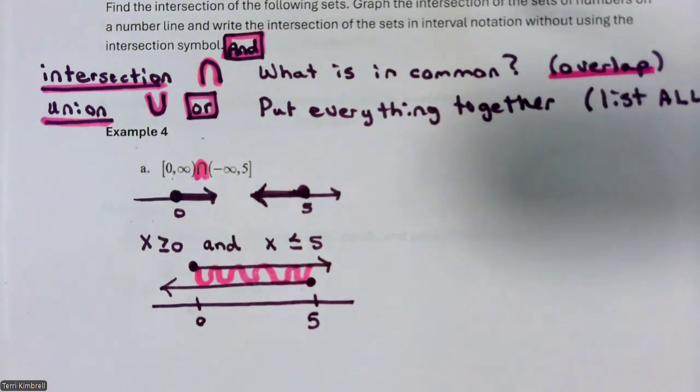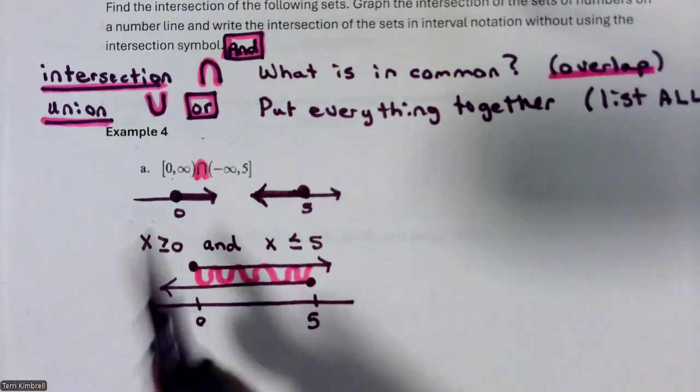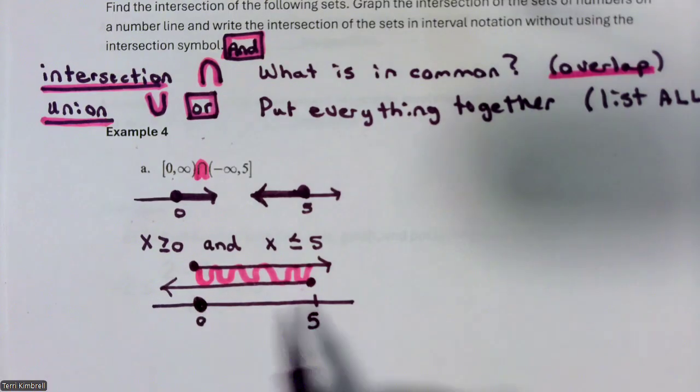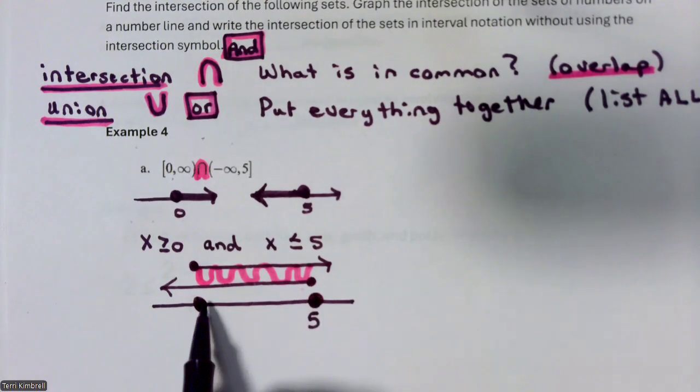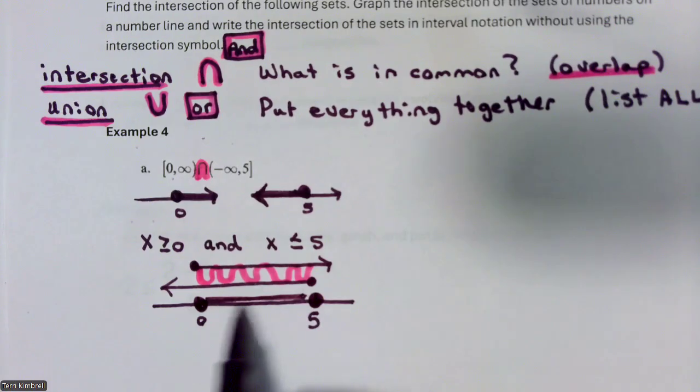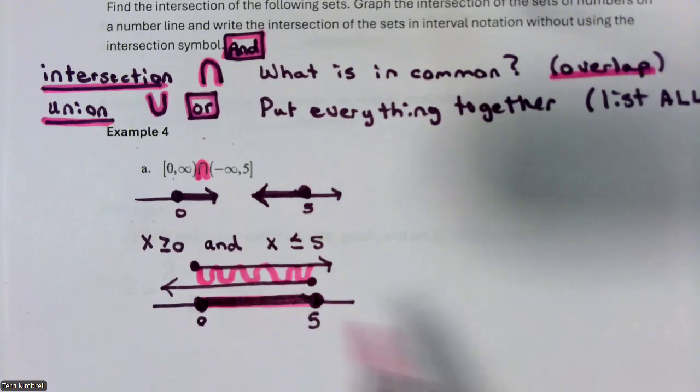That's the part that they're going to share. So the answer would be close 0, close 5, shade in the middle. And then it's going to ask you to put this in interval notation. So this would be a bracket on 0 to 5 bracket.